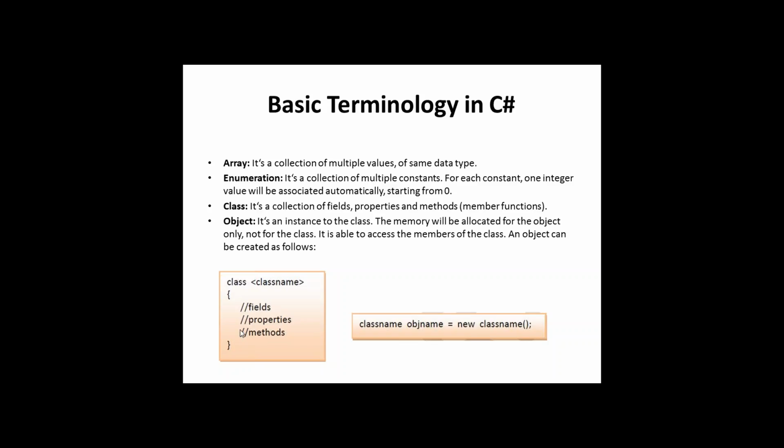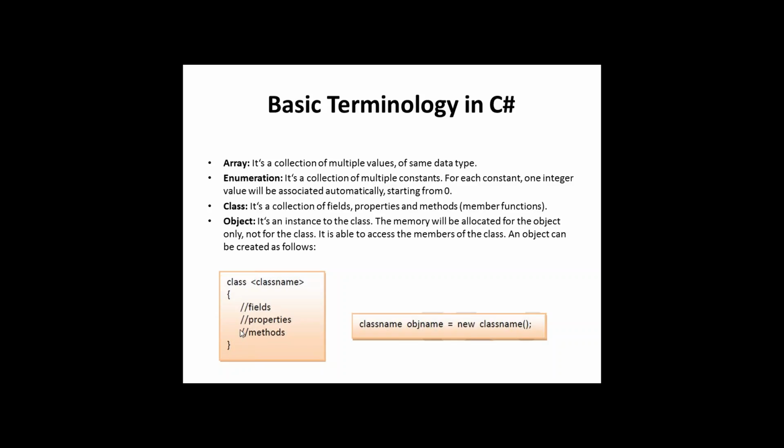Class we will discuss, don't worry. I am just telling the terminology. We will discuss each with examples. A class is nothing but a collection of fields, properties, methods, those kinds of things. It's only terminology. Whatever terminology I am going to use, I am telling here, but programming we are going to see in detail in the next classes.